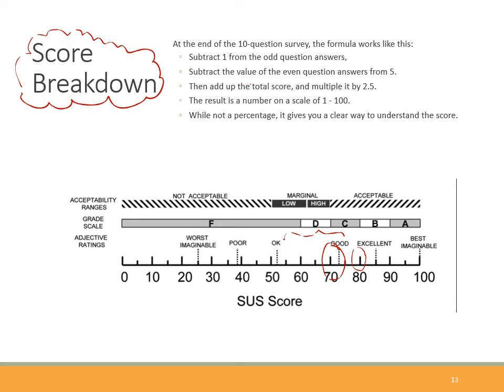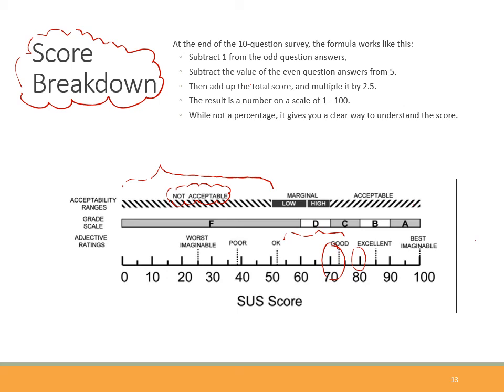Something like this. And you can see here as well that the acceptability range starts from a score of 0 to around 50. So if our system falls within this range of SUS scores, it means our system is not acceptable for the user.